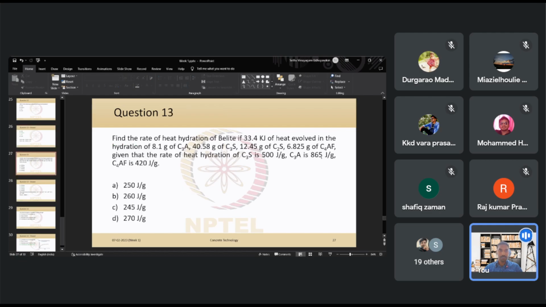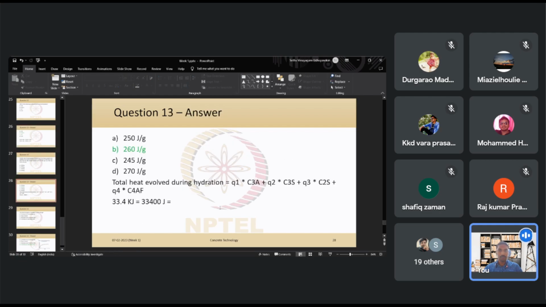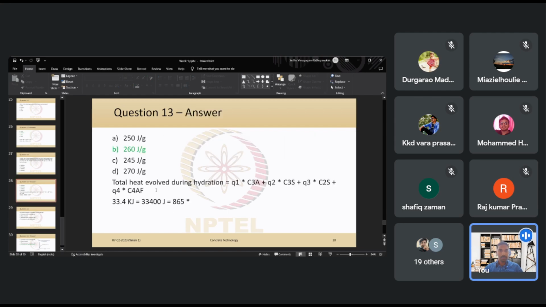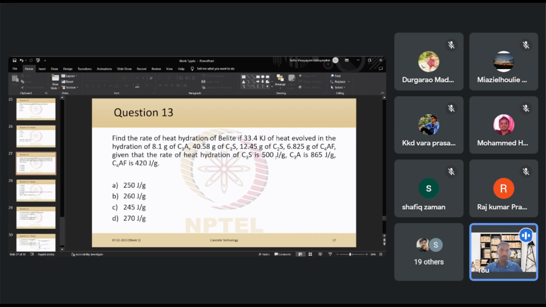It is 865 joules per gram, so it is 865 times the mass of C3A, which is 8.1 grams. Plus, for C3S, the rate is 500 joules per gram and the mass is 40.58 grams, so it is 500 times 40.58.